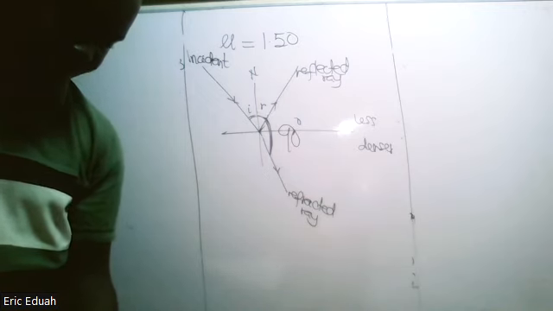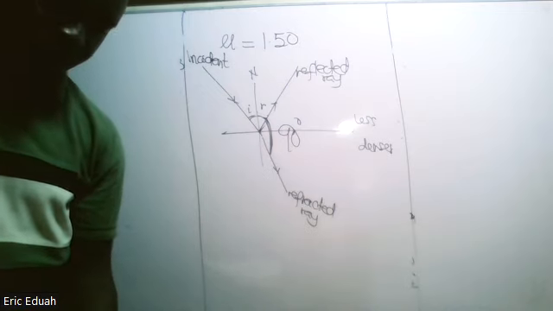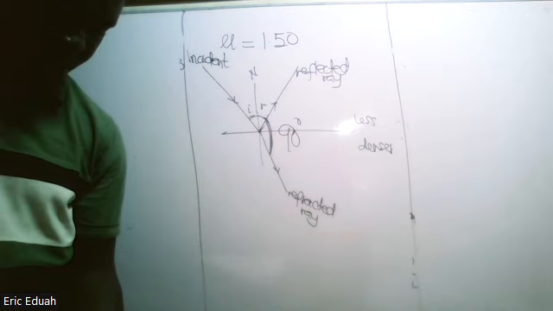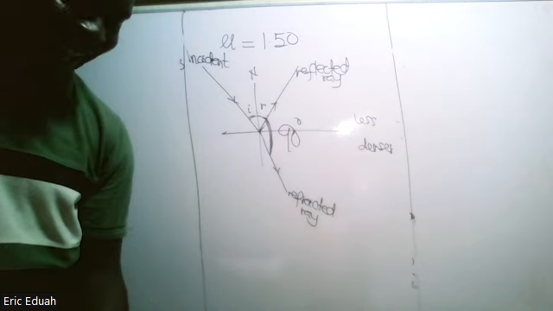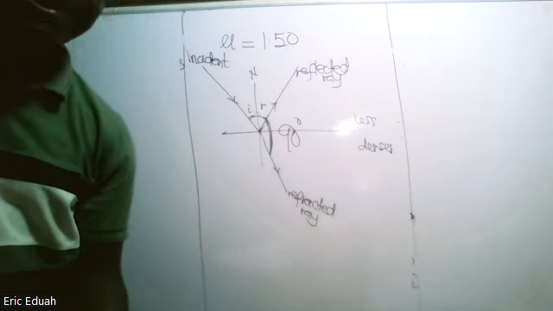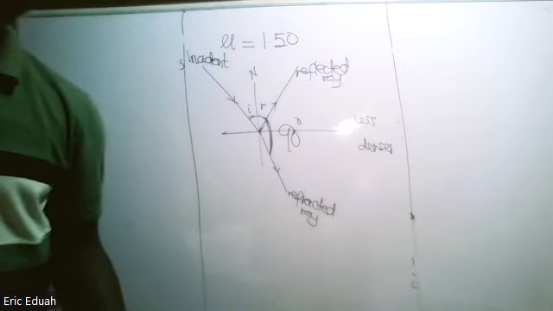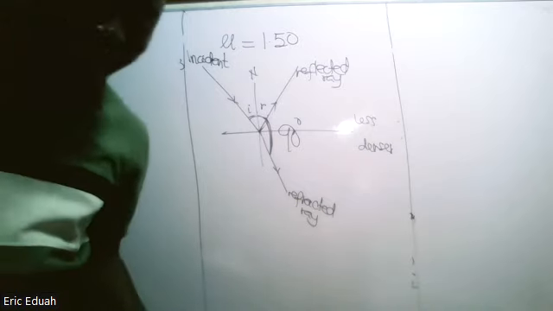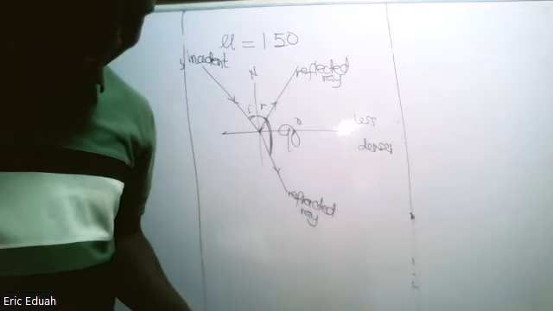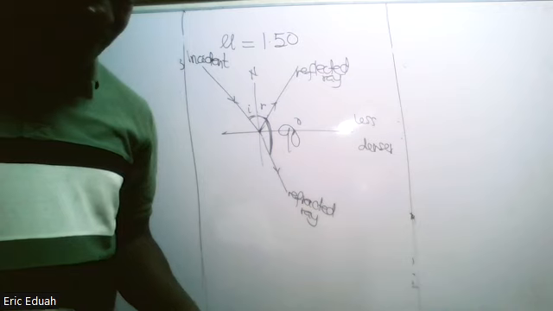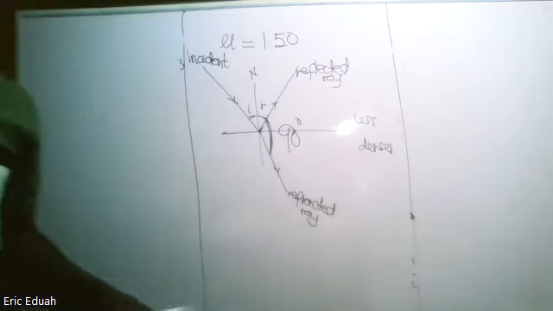A ray of light falls on a glass plate of refractive index 1.50. What is the angle of incidence if the angle between the reflected and refracted ray is 90 degrees? Okay, Nana Jemfua, I'm here. A ray of light falls on a glass plate of refractive index 1.50.